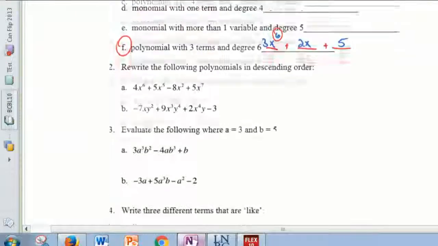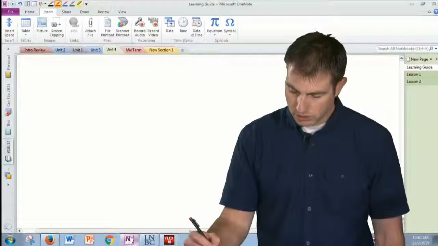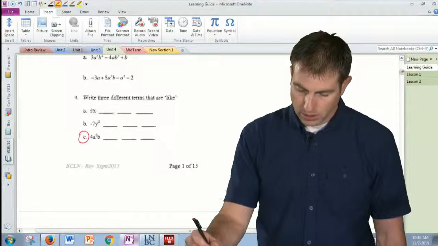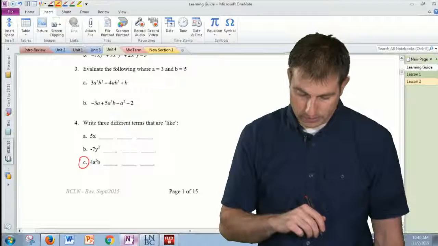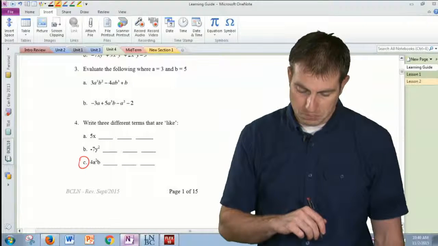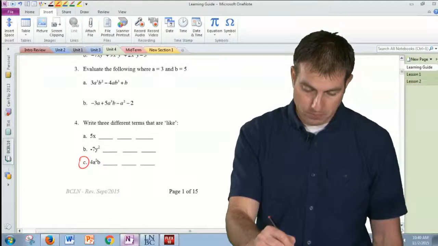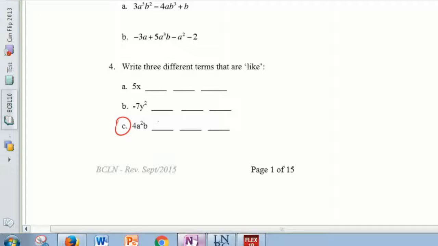The next question we had, jumping around here too much. Write 3 different terms that are like 4a squared b. So I guess we have a number in front, a constant, so maybe 3x squared c. There's one.